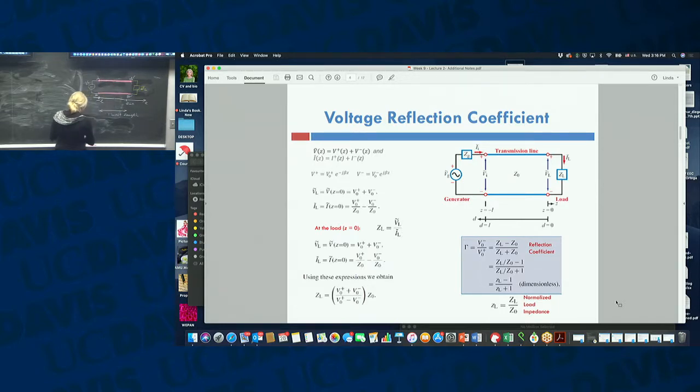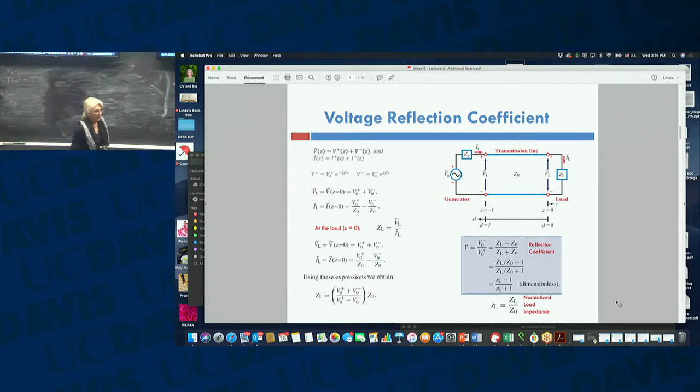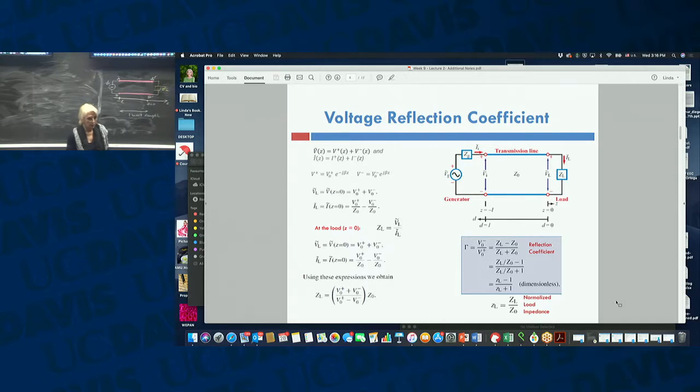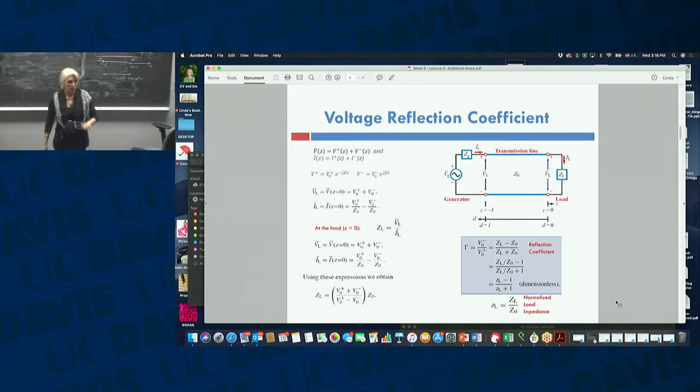A Z naught characteristic impedance is going to always be real. And do you by any chance know what is the prevailing value for Z naught? Yes, that is the formula. But what is the prevailing value in ohms of a characteristic impedance of a transmission line? 50 ohms.